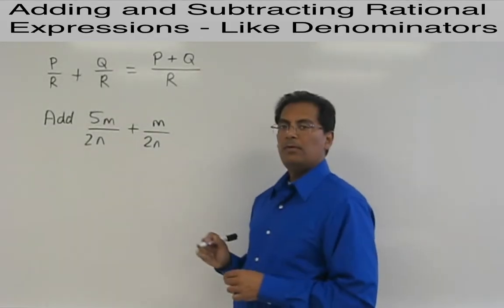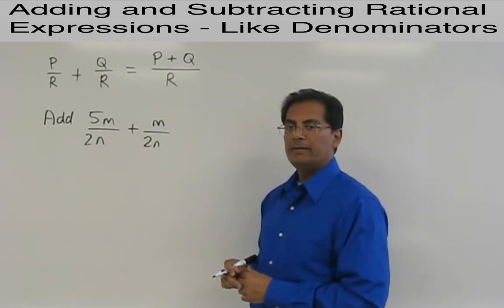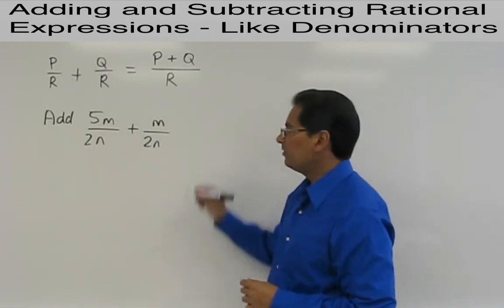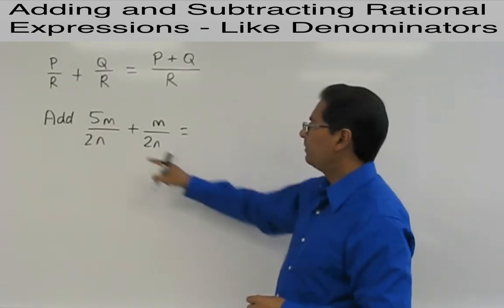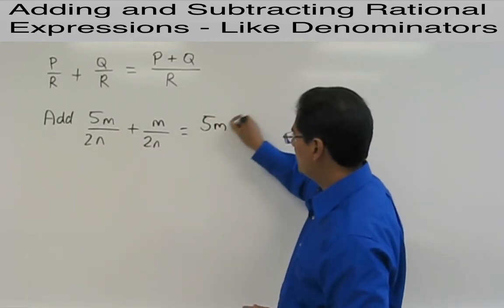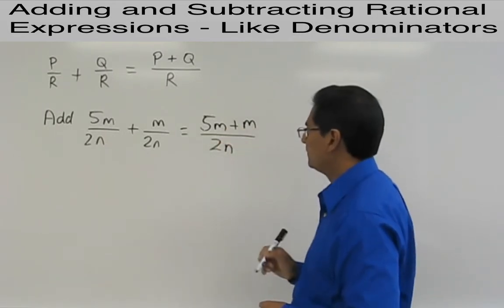In this example, we want to add 5m over 2n plus m over 2n. We notice that the denominators are the same, 2n, so we can just add the tops. So 5m over 2n plus m over 2n becomes 5m plus m over 2n.